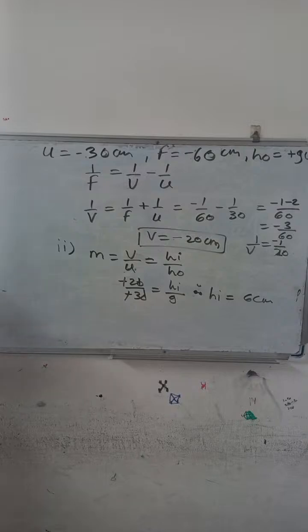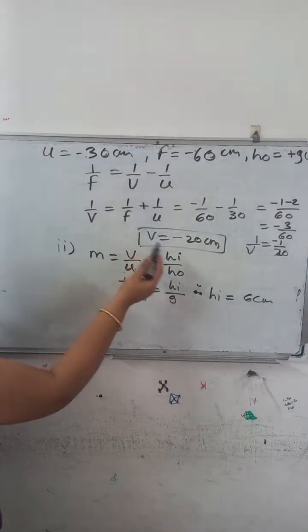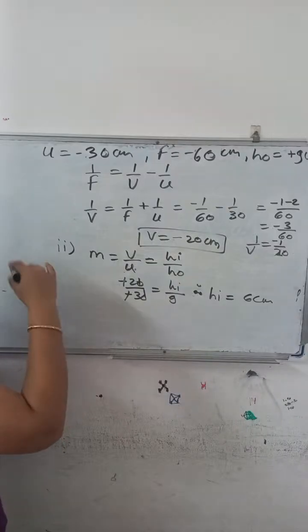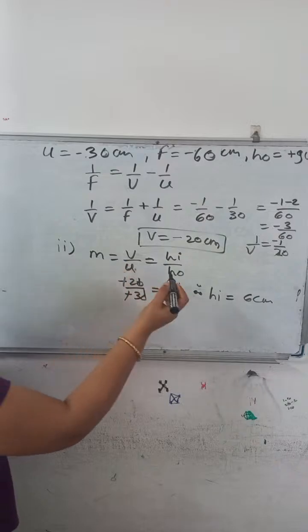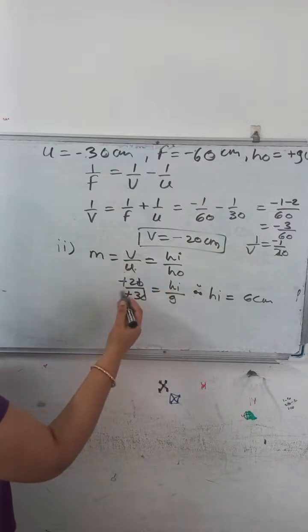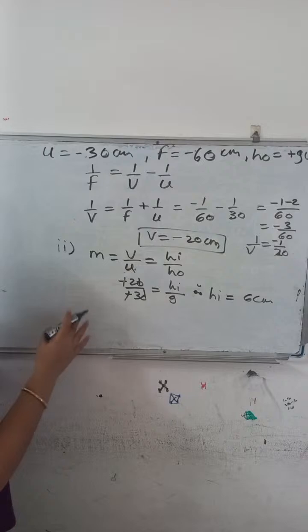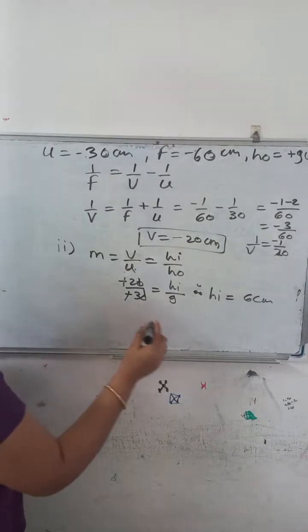So here once you get 6 centimeter, then here image is what? As the v we got is on the same side of the lens, so that is nothing but erect. Okay, but as the rays appear on the same side of the object, then it is known as virtual.